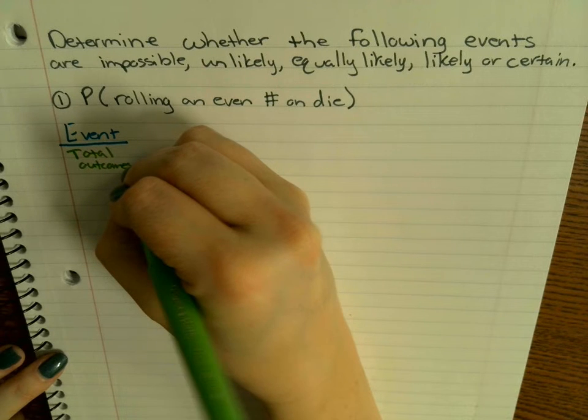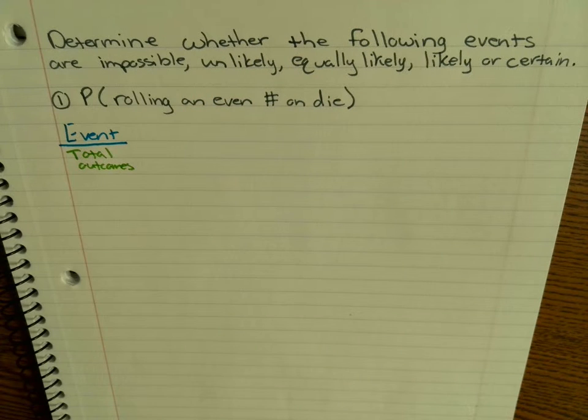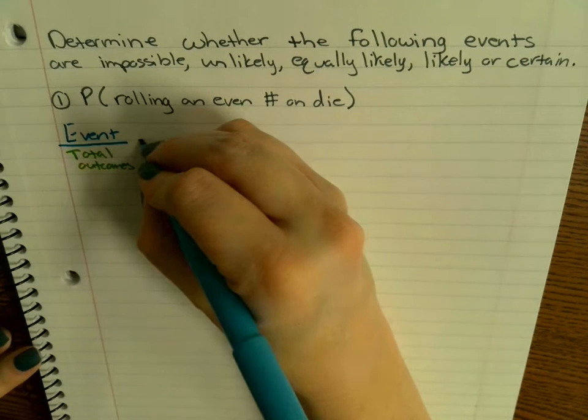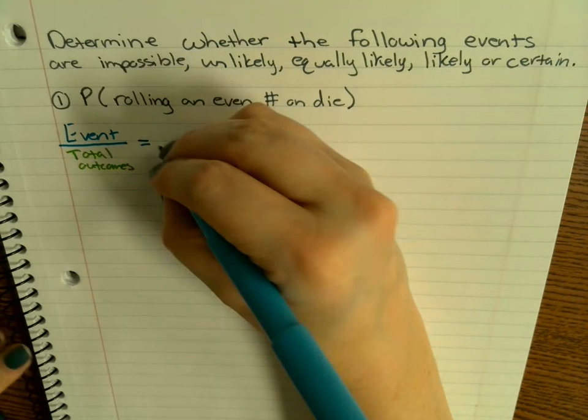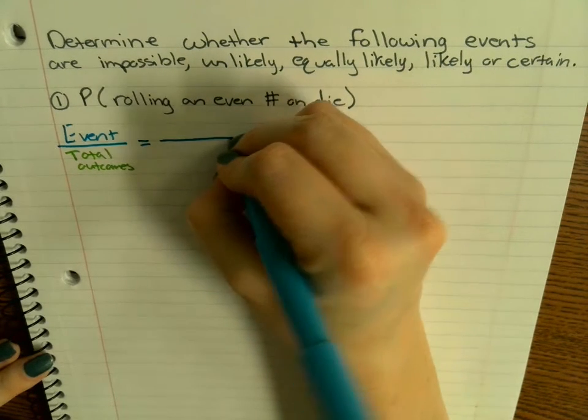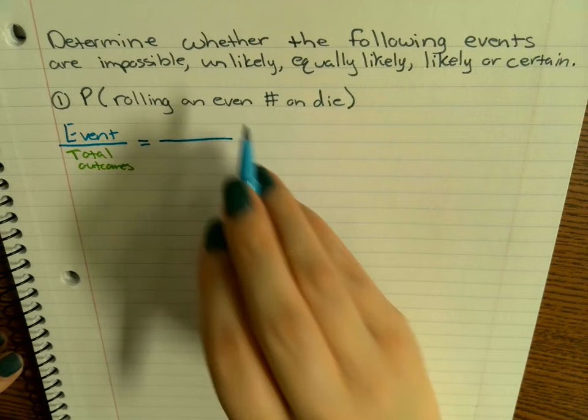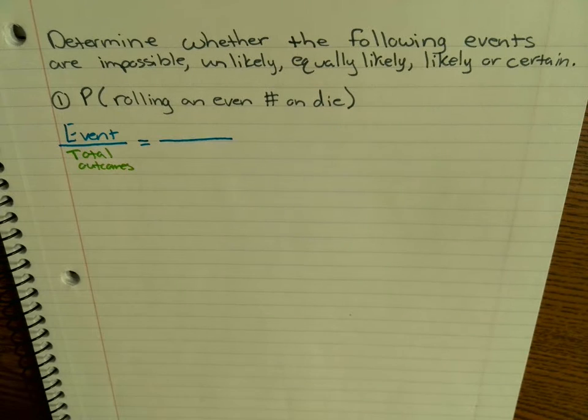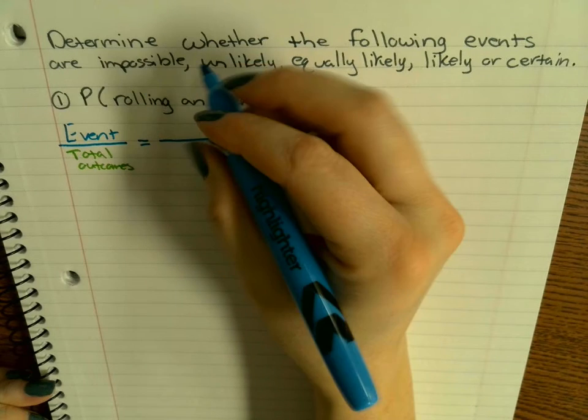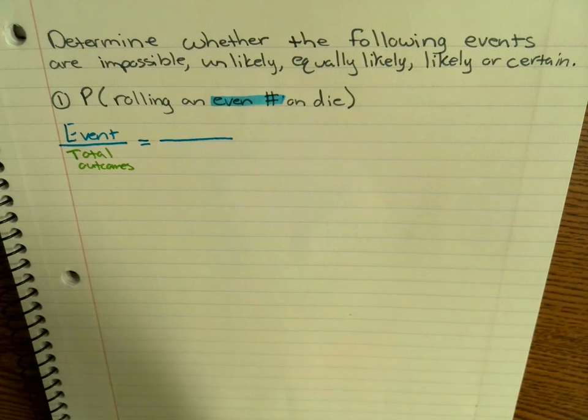So we identify how many ways my specific event can occur out of all total outcomes that the experiment has. Here, my event is to get an even number on the die.